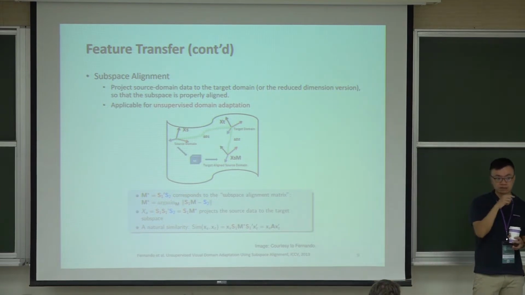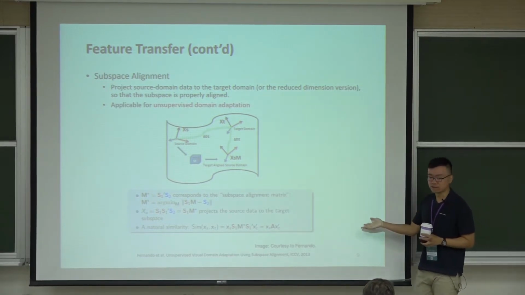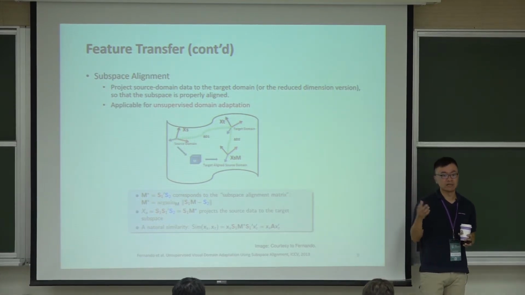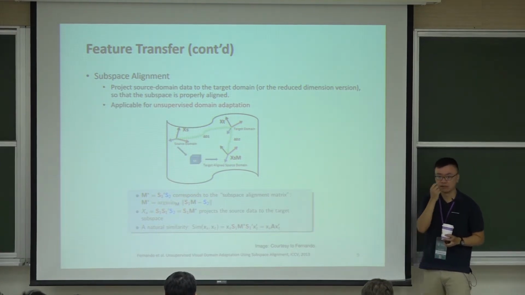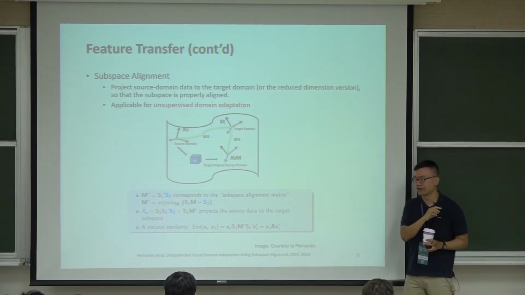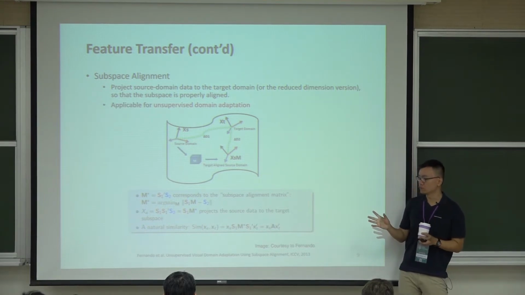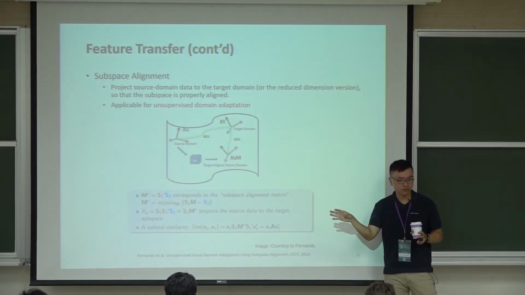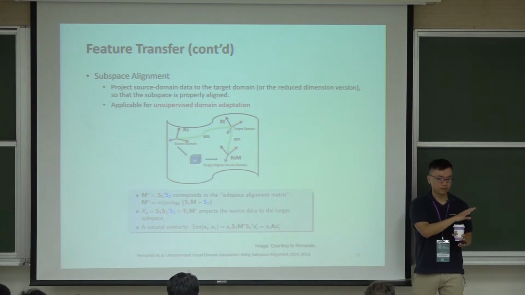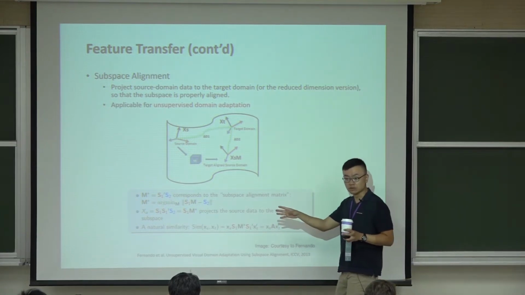One of you asked me during the break, using the example I just gave, where we have image data in the source domain and text data in the target domain, how do we know whether I should project the data into a common feature space, or project the image data to the text domain, or project the text data to the image domain?